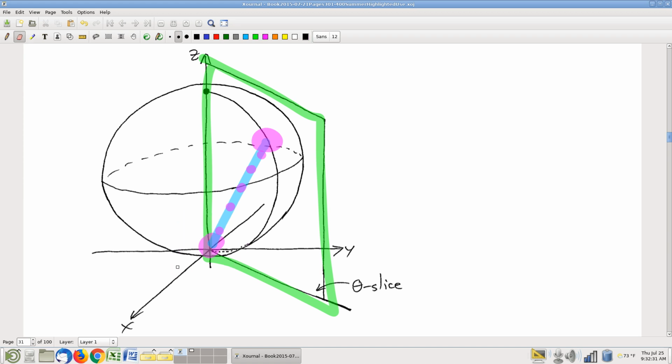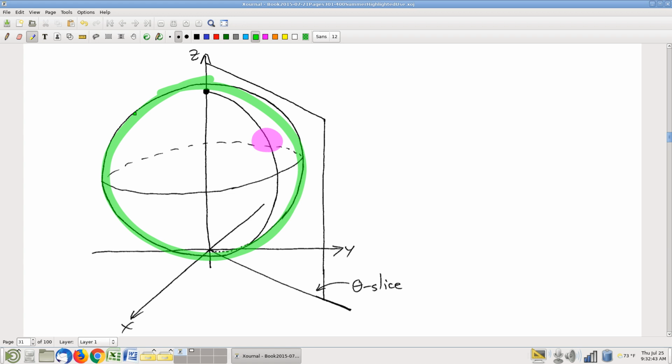Okay. And this other one, well, that's not at the origin, but I can see geometric information about that point. That point is on my sphere. So in order to understand what rho is at this point, I simply need to understand the spherical equation for this sphere and solve for rho, and that rho is what I'm looking for.